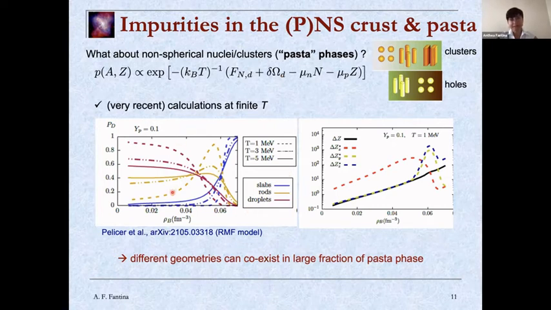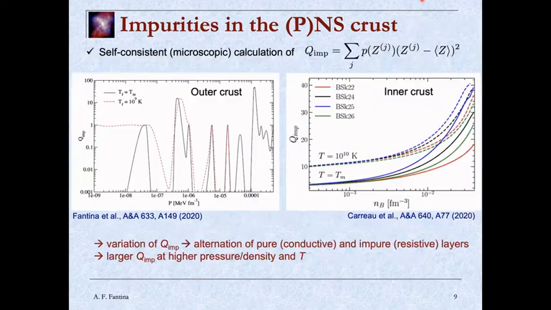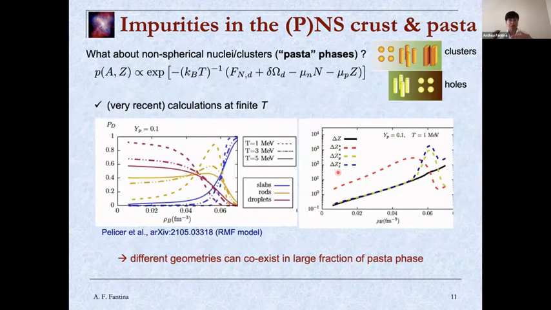What we can see here is that there is actually a competition among geometries, which can coexist in a large fraction of the pasta phase. Also, the variance has been calculated. I told you that the impurity parameter is basically the variance of the charge. When you have pasta, this can depend on the geometry: a probe sees different things if you have spheres or cylinders.